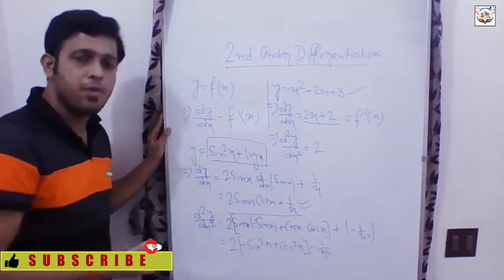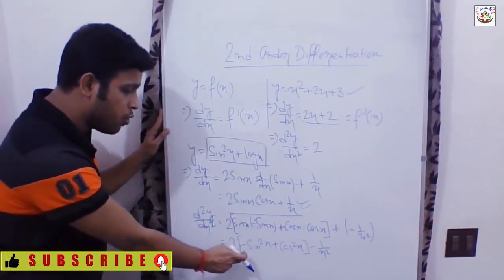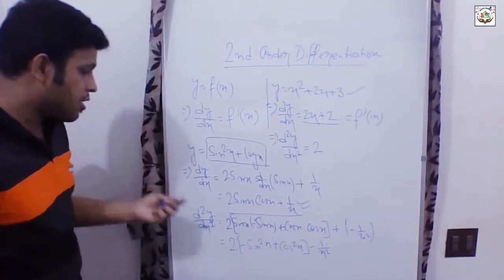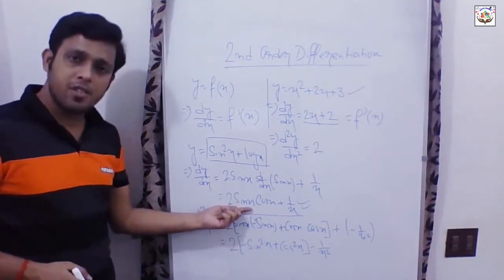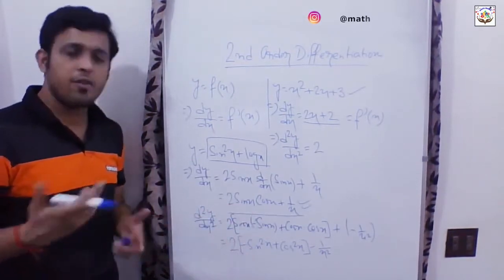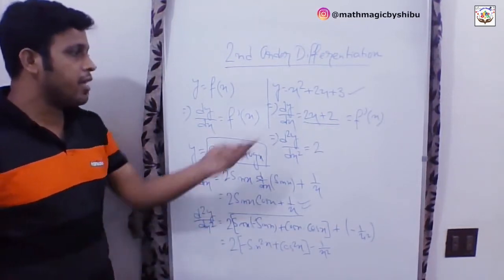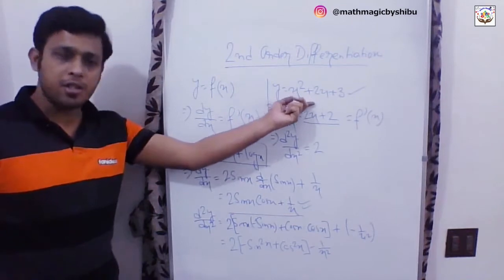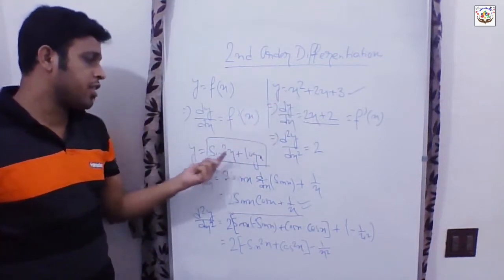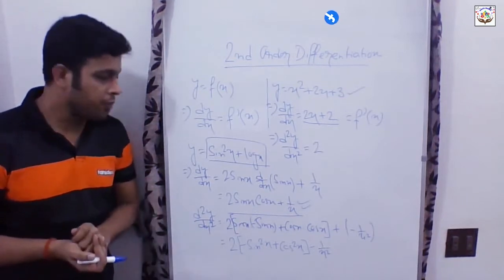That means this is dy dx and this is d2y by dx square. From the first order differentiation, we need to differentiate the function again to get the second order differentiation. As simple as that, nothing else here. Like the examples I have given for a quadratic equation, and for a logarithmic and trigonometrical function, it will proceed in this way.